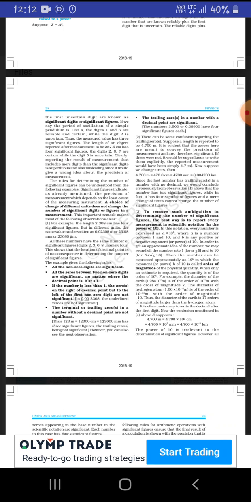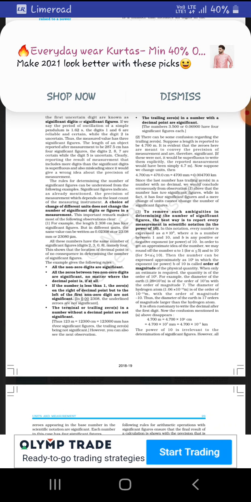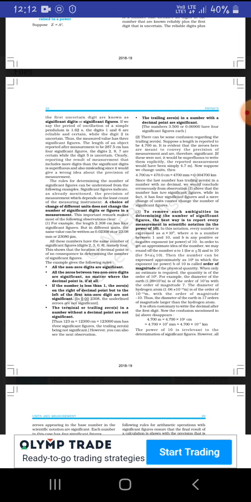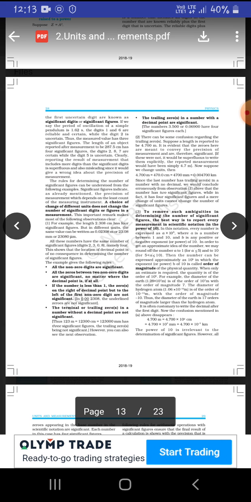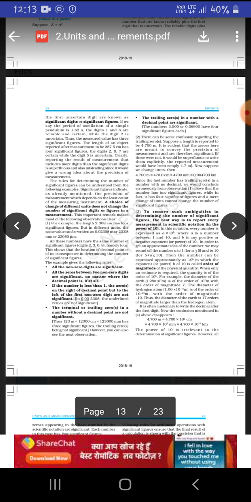So left side zeros are not significant, but right side zeros are significant. If they have given 0.00208, then we take 208 and say it has only 3 significant figures. The left side zeros we should not count. But if it is like 23080, then we should count the right side 080 also, and we should say it has 5 significant figures.